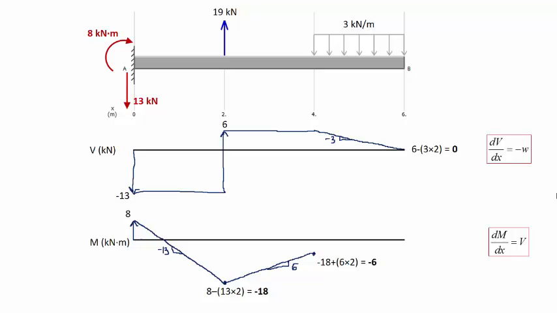Now, finally, for the last 2 meters, we observe that the shear force diagram is positive, but the value of the shear force is linearly decreasing from 6 to 0. So it's positive but decreasing from the right to the left, which means that the slope of the bending moment has to be positive and decreasing from the right to the left.